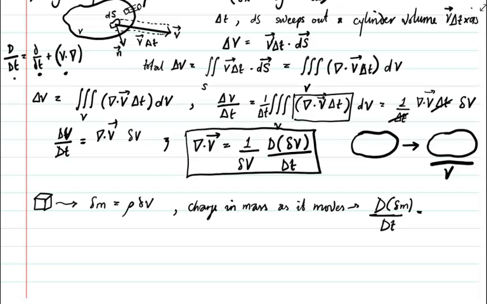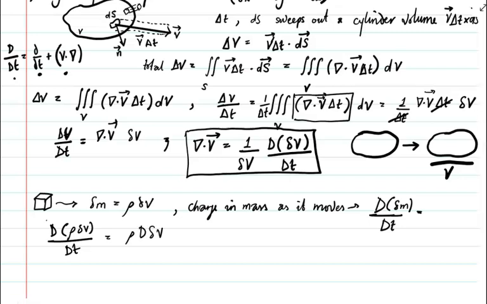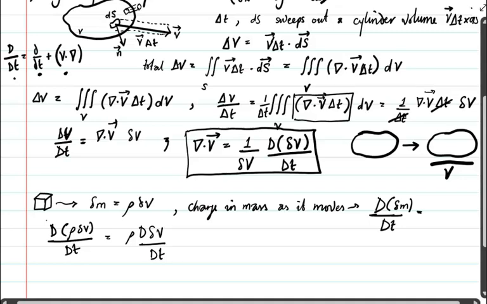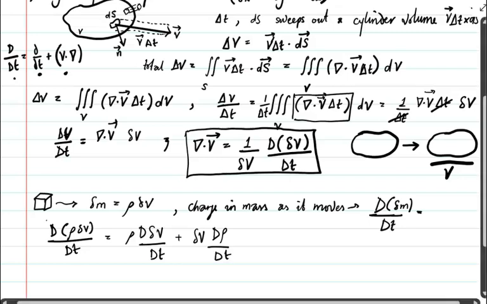So Dm/Dt. And now if we differentiate this, this is D(rho δV)/Dt using our product rule: rho D(δV)/Dt plus δV D(rho)/Dt. Now this is equal to 0. Divide through by δV.